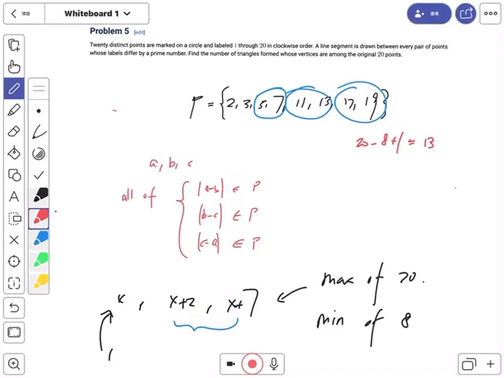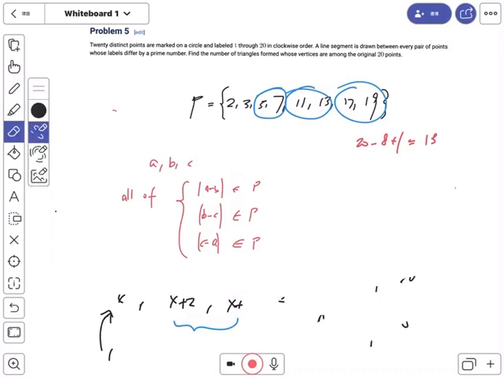So now, what about the other two cases? This one just changes to x plus 11.